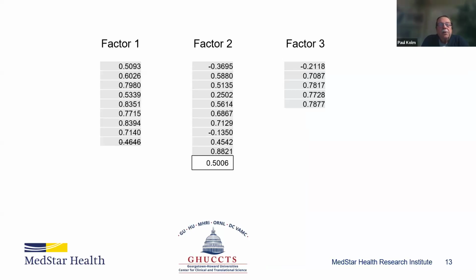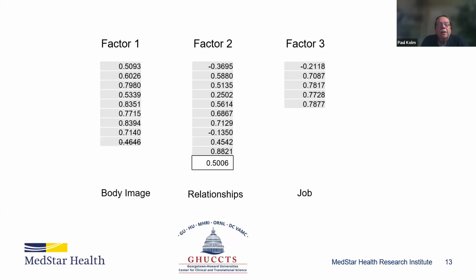Typically what you do is you give them a name. And so maybe factor 1 is related to body image, factor 2 is related to relationships, and factor 3 is related to job performance. I just made those up.